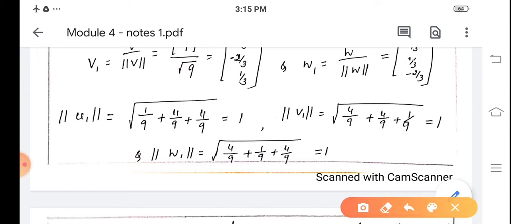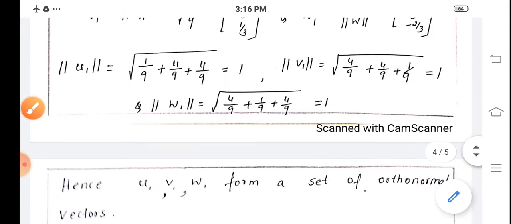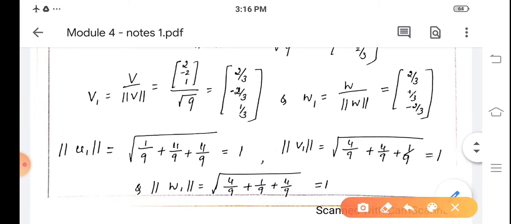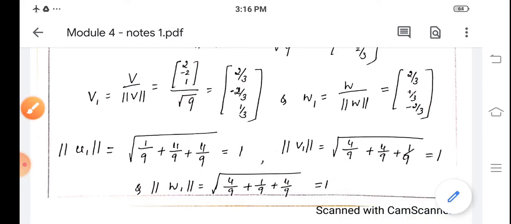Similarly, norm of v1 is root of 4/9 plus 4/9 plus 1/9, that is also 1. And norm of w1 is root of (2/3)² plus (1/3)² plus (-2/3)², that gives root of 4/9 plus 1/9 plus 4/9 equal to 1.